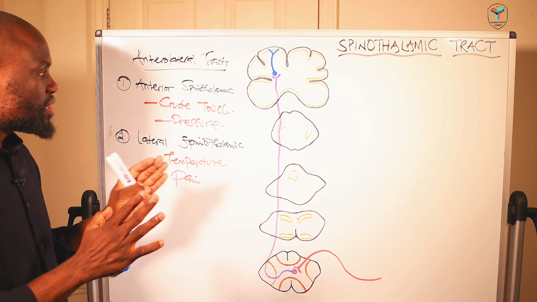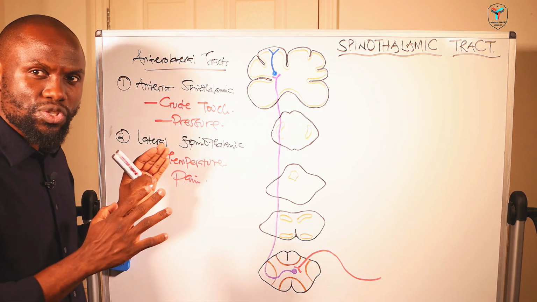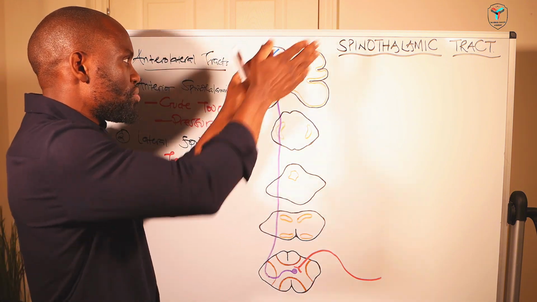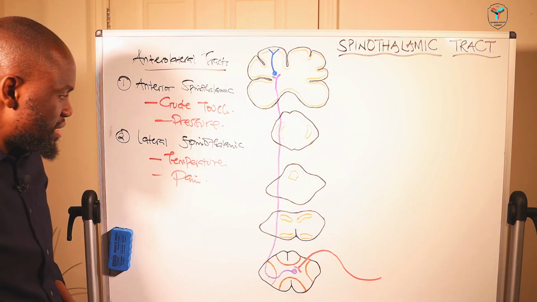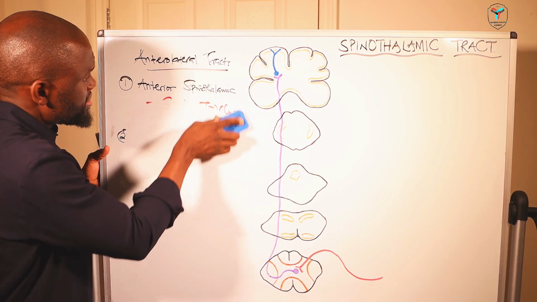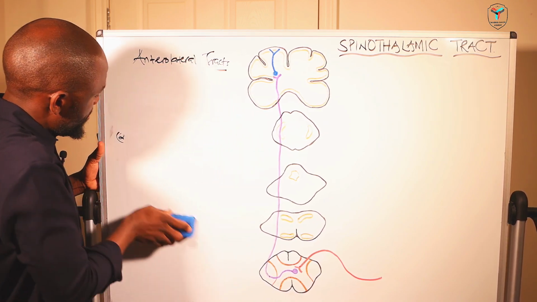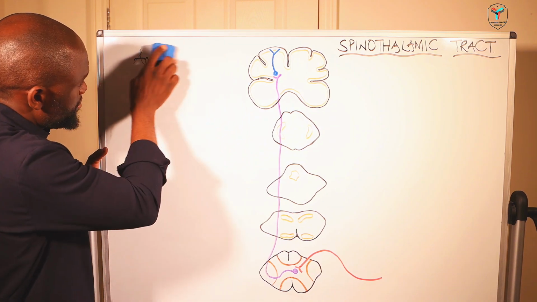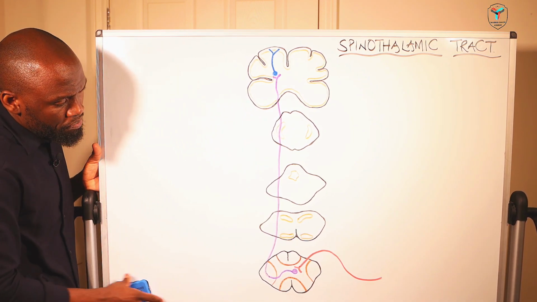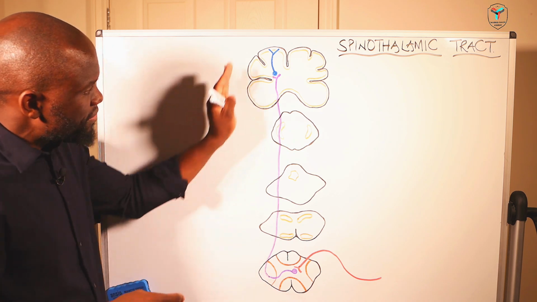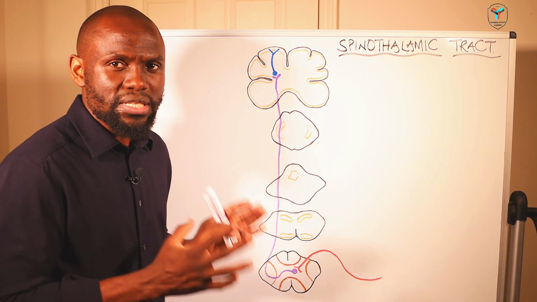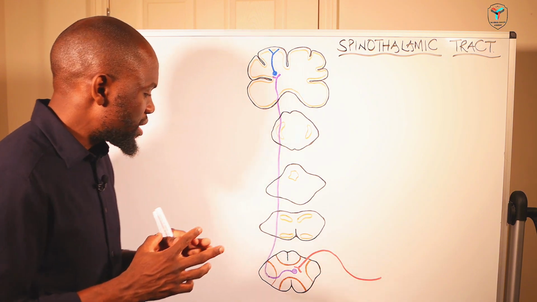So it is a combination of the anterior and the lateral spinothalamic tracts that then move that impulse all the way until we have interpretation. Now, once we have this understanding of what type of senses or stimulus these tracts are going to be carrying, it is imperative that we go back to this diagram and utilize it for our understanding of the spinothalamic tract.